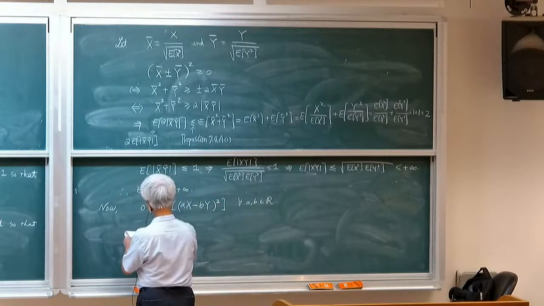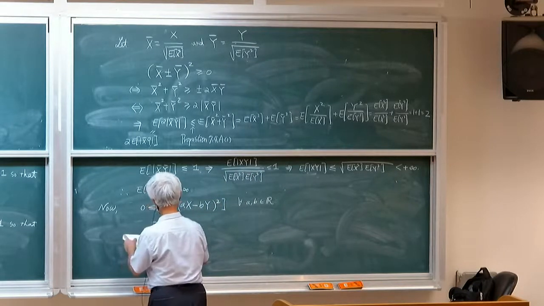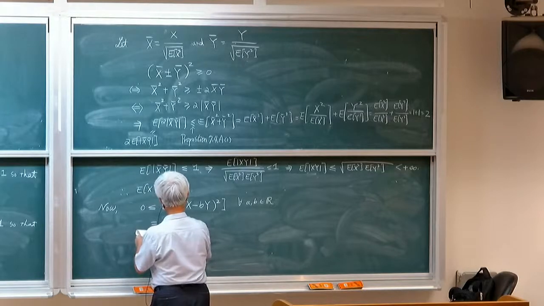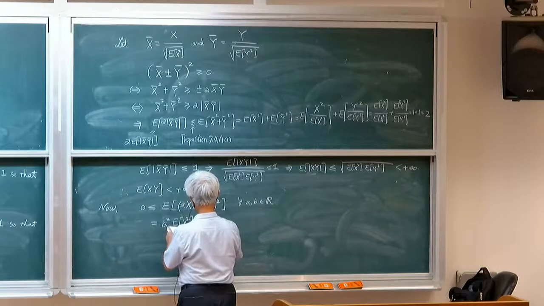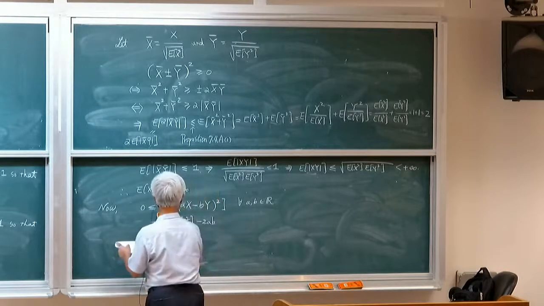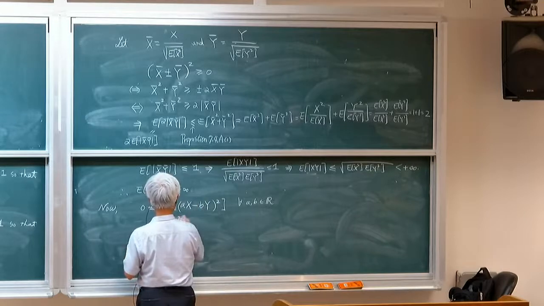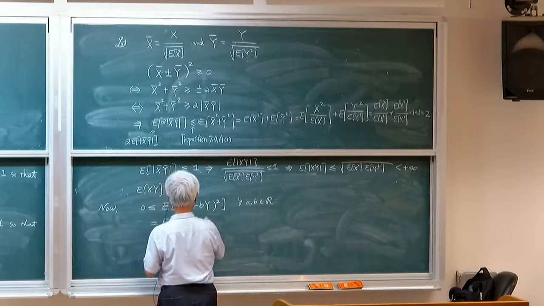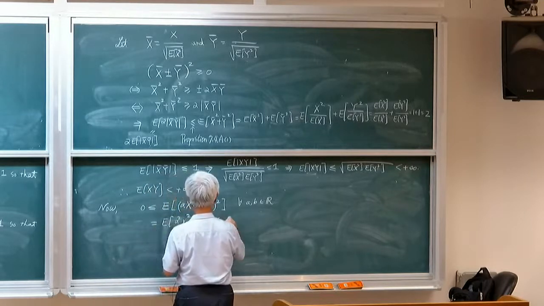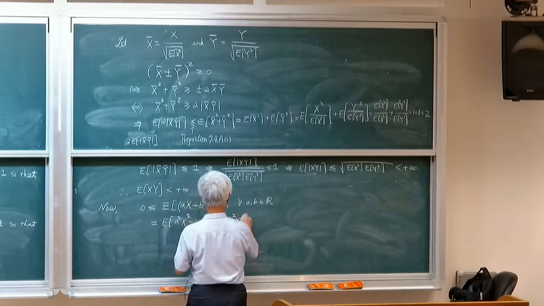And so this is the square expectation of x square minus 2ab, a square x square minus 2ab xy plus b square y square.